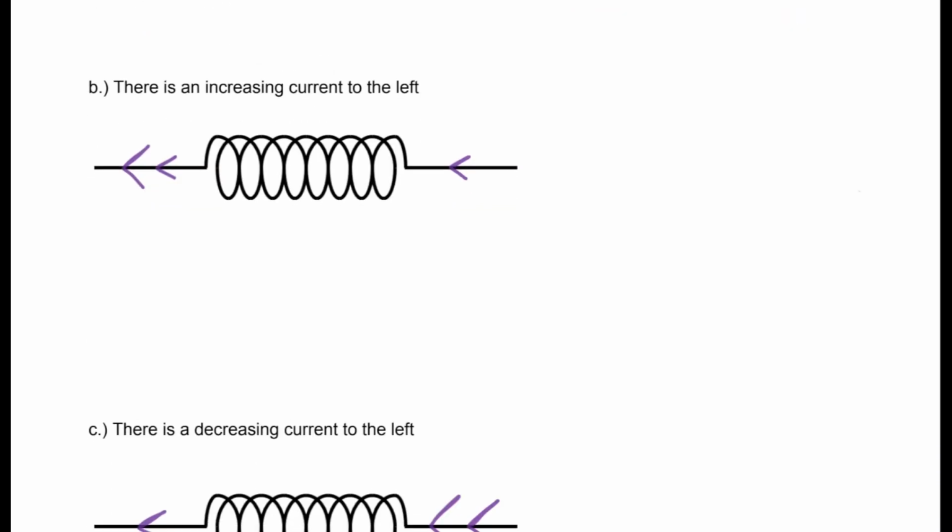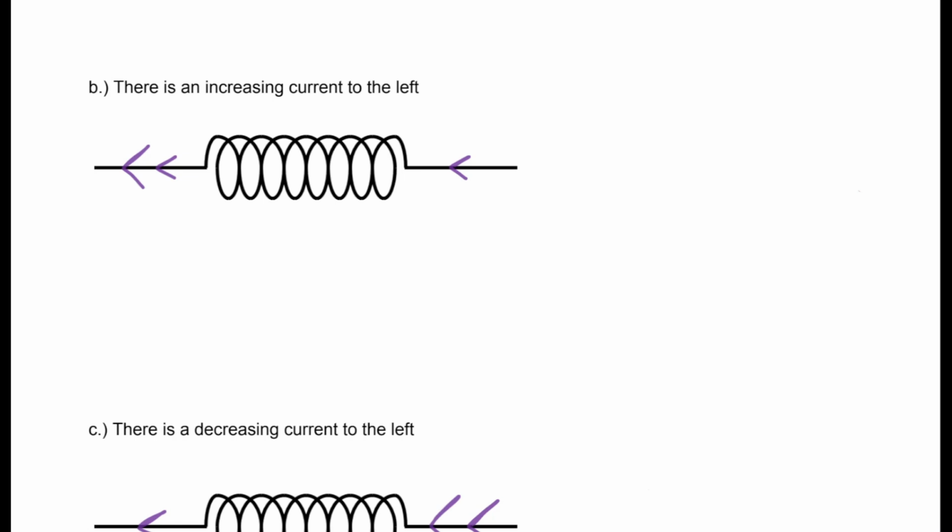But then if there's an increasing current to the left, that means that there is going to be a flux change, so the inductor is going to prevent that increase. Therefore, it would try to send a current in the opposite direction as a response.